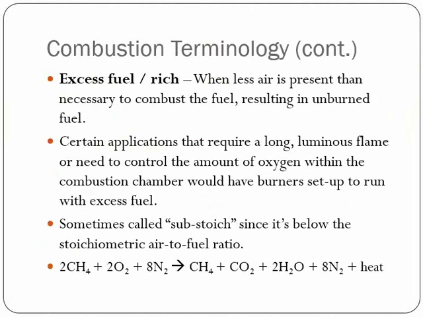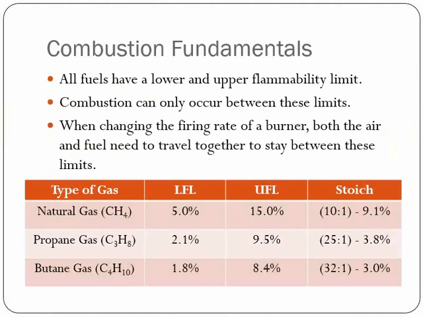So the cornerstone of combustion, I think we've all heard of the triangle, the flammability triangle, the combustion triangle. You need to have air, fuel, and an ignition source. But one common mistake with that generalization is that you need to have the air and the fuel in the right proportion to each other.